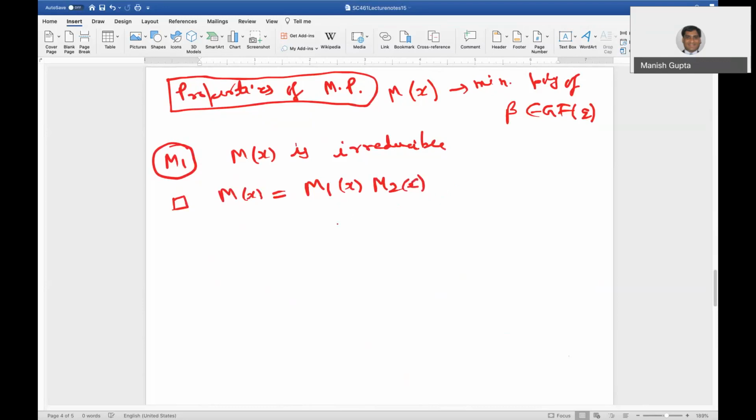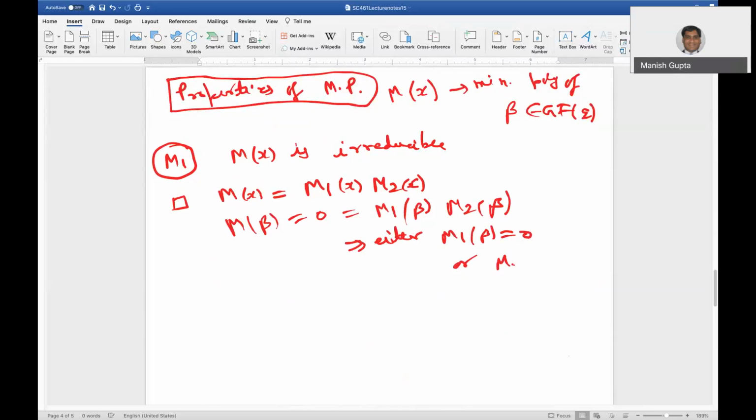But then I can compute m(beta), which is 0, equal to m1(beta) into m2(beta). That means this product is 0, so either m1(beta) is 0 or m2(beta) is 0.